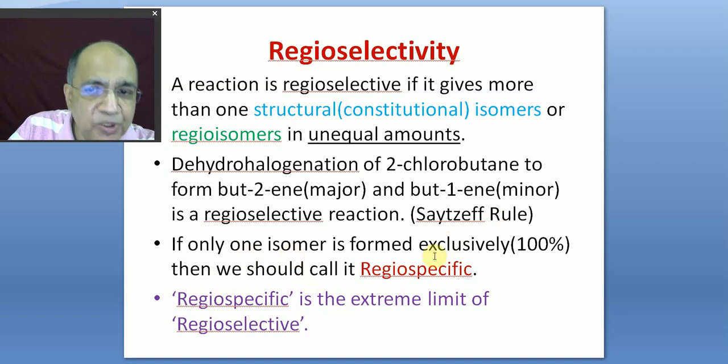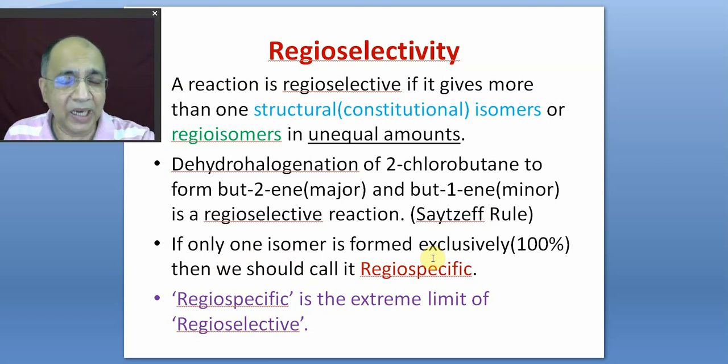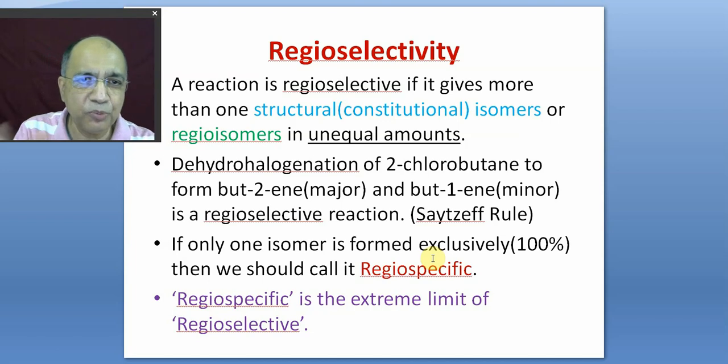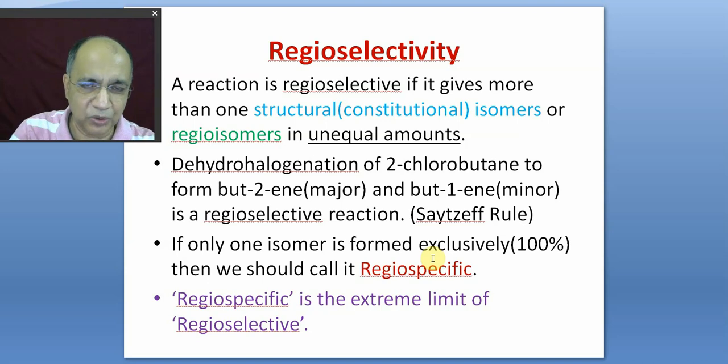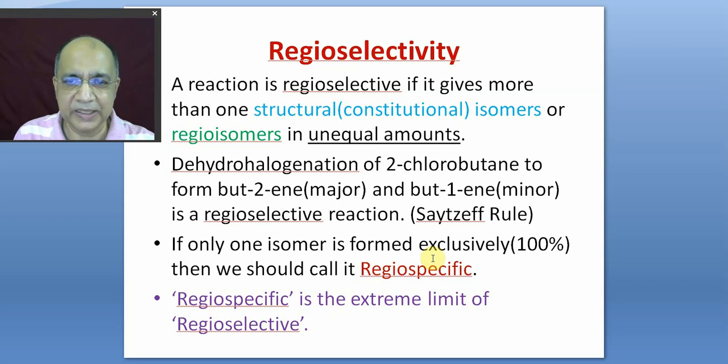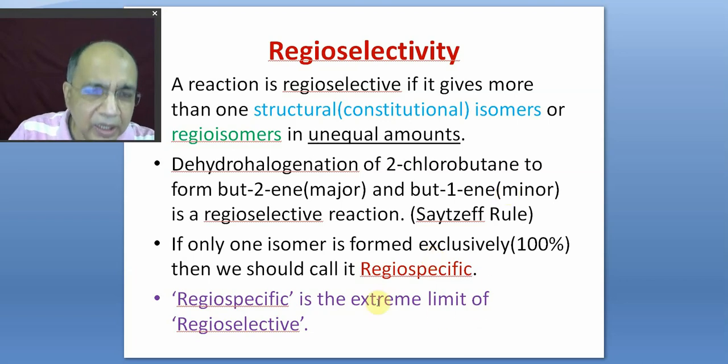Consider the addition of a polar addendum to an unsymmetrical alkene. You have two possibilities. The negative part goes here or there. The positive part goes here or there. So there are two possibilities. If only one of the products is produced in almost exclusive abundance, nearly 100%, then we can use the term regiospecific.